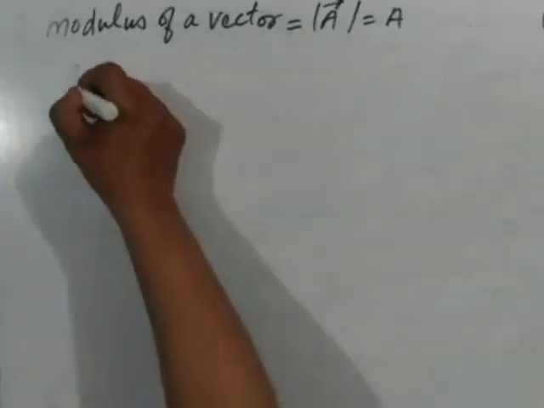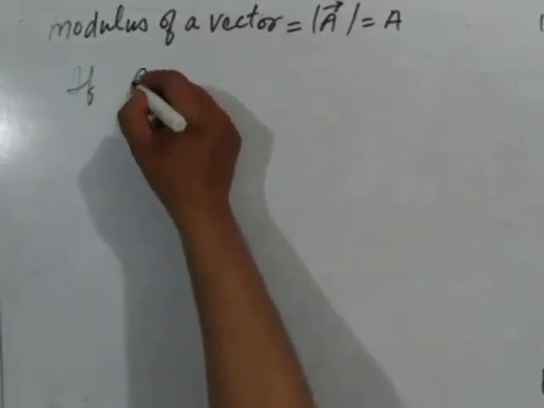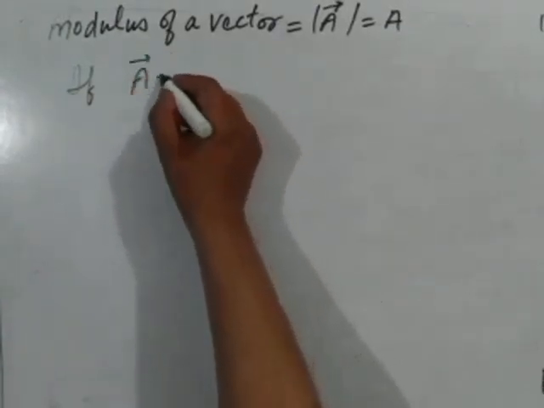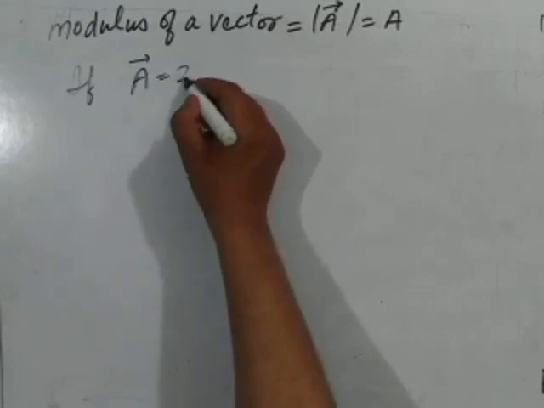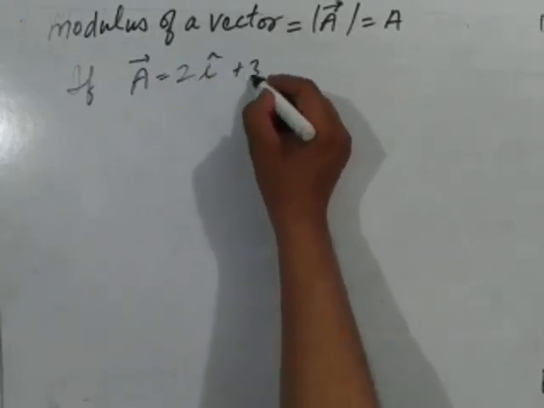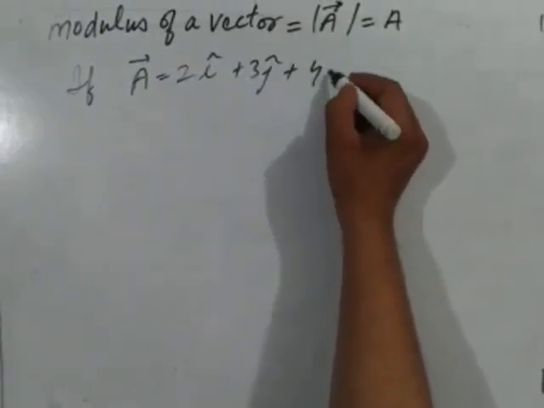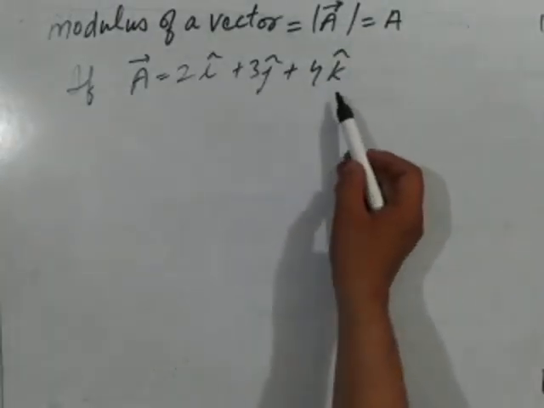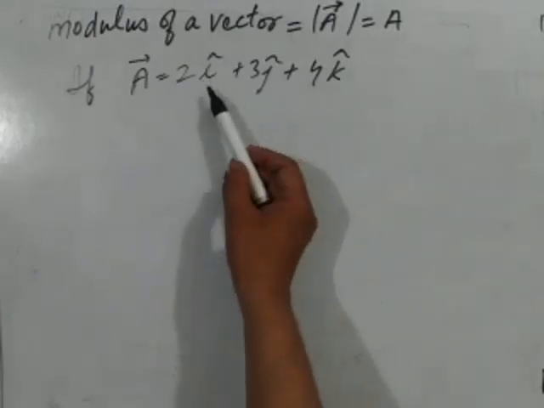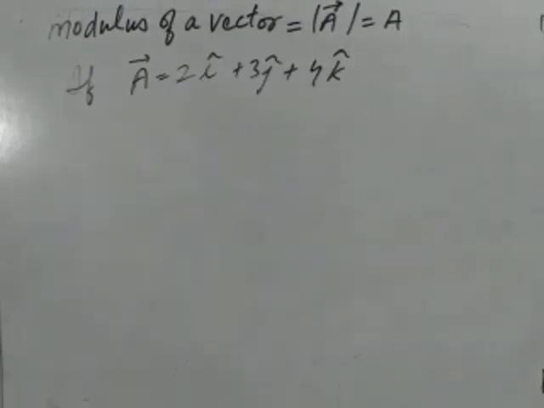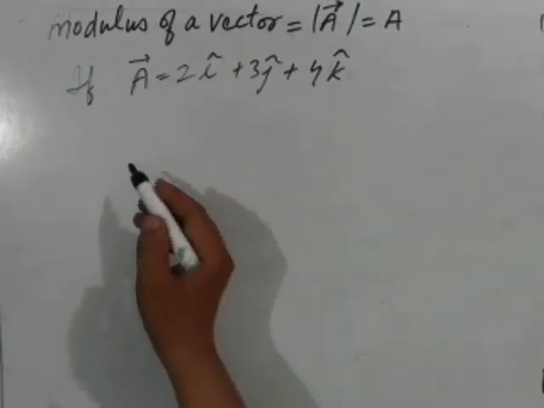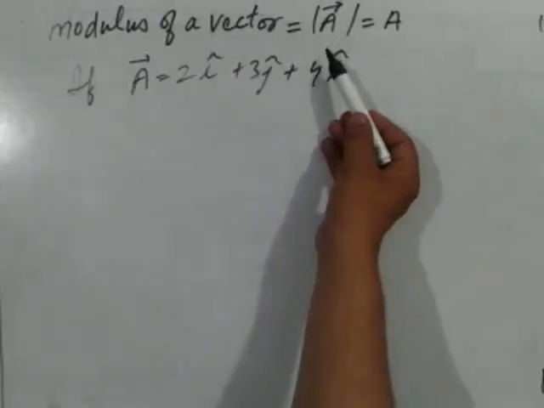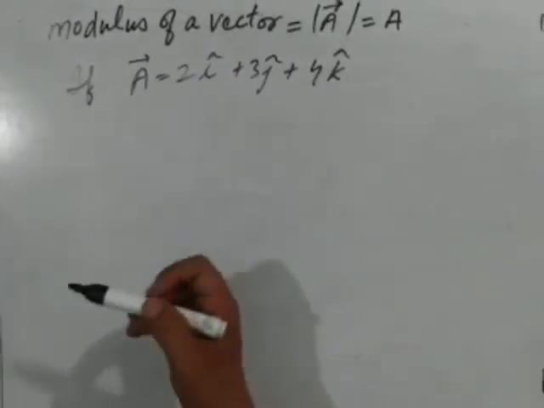Now if A is any given vector, say A equal to 2i cap plus 3j cap plus 4k cap, where i, j and k are the unit vectors along x-axis, y-axis and z-axis. So if any vector A is represented by these values, then we have to find out modulus of A or magnitude of A vector.